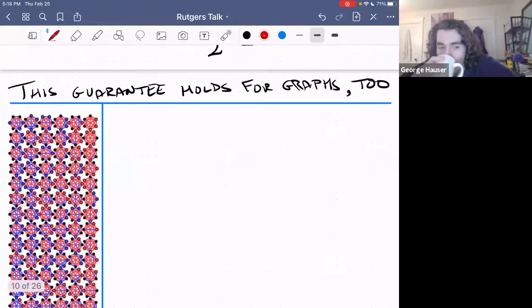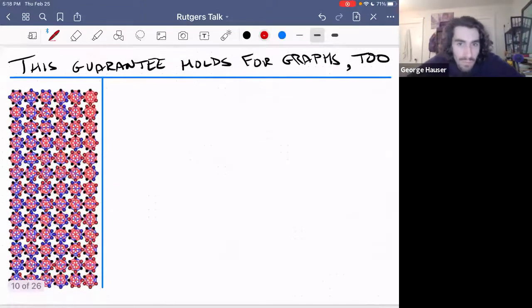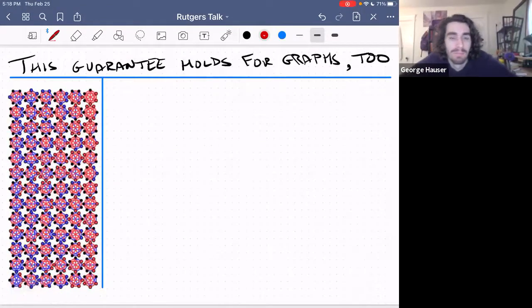So the Bible code deals with sequences, but the guarantee also holds just for random colorings of graphs. So what we're doing is, I will restrict to coloring edges. For those who are interested, this works with hypergraphs and hyperedges too.